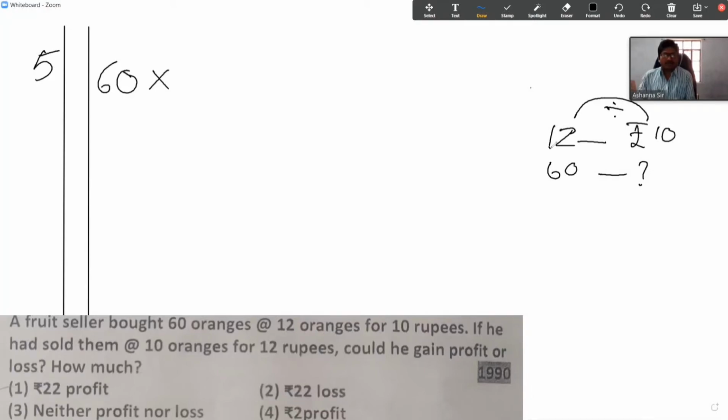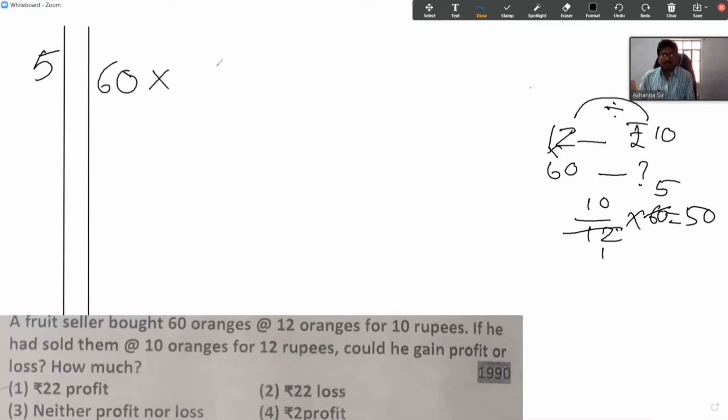So 10 by 12 into 60. 12 ones are 12, 12 fives are 60. 10 fives are 50 rupees.